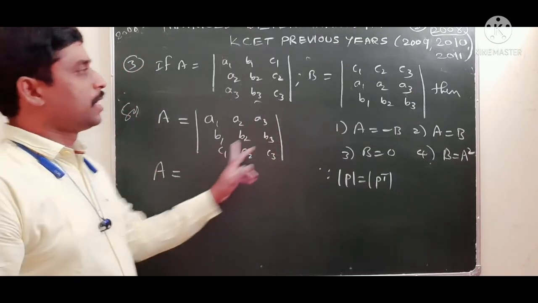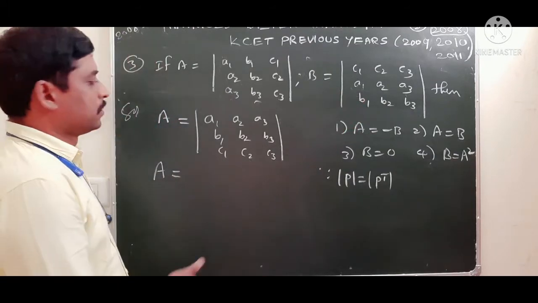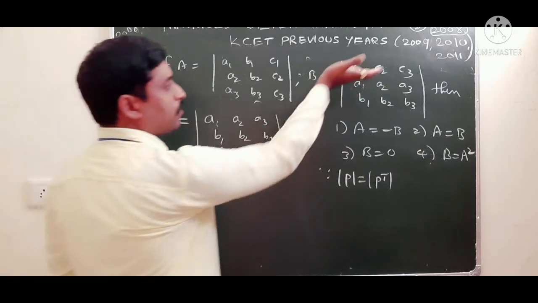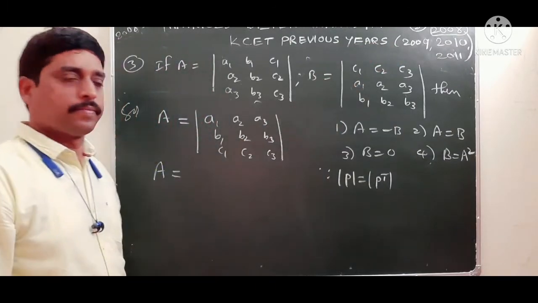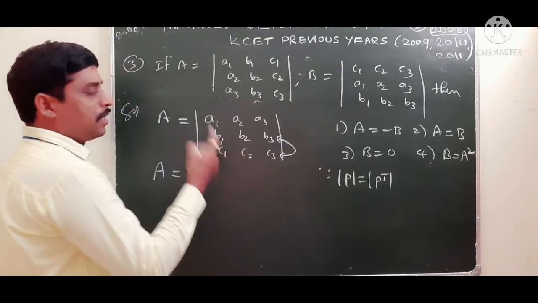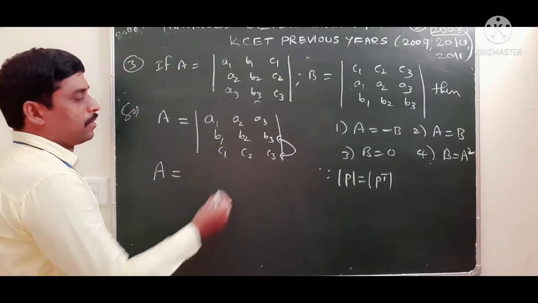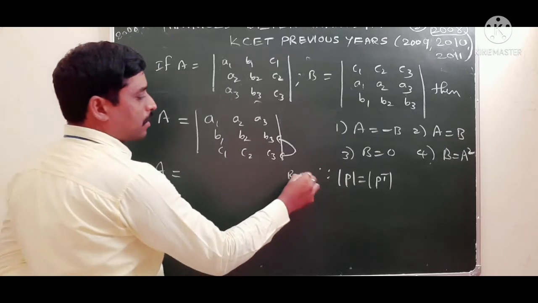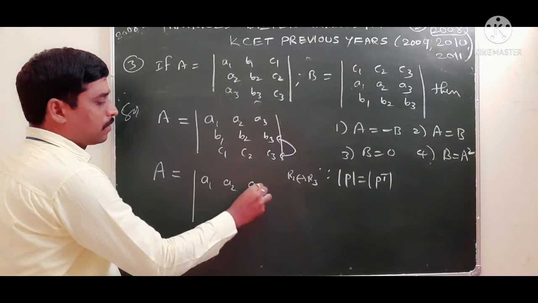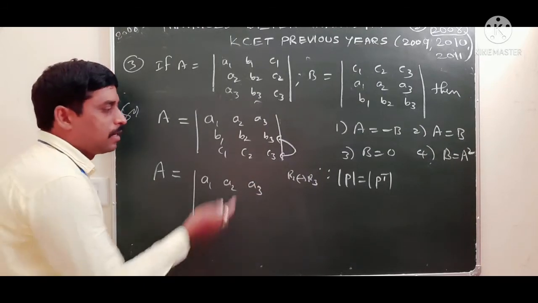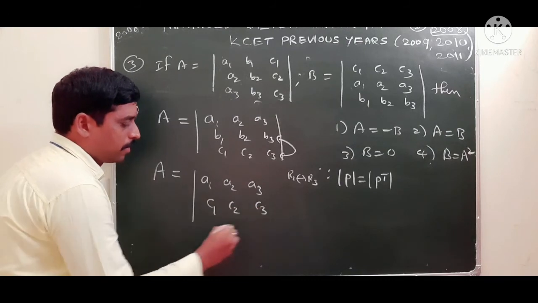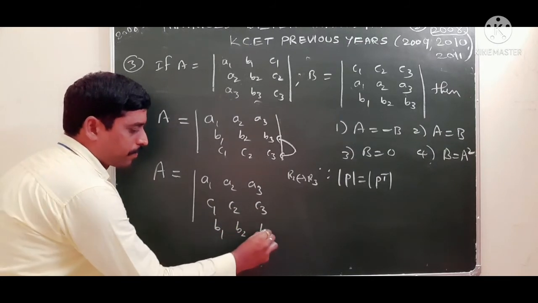Now observe these two determinants. In this one the third row has C1, C2, C3. In the other, the first row has C1, C2, C3. So let us interchange any two rows. R2 is replaced by R3: A1, A2, A3, then C1, C2, C3 and B1, B2, B3.